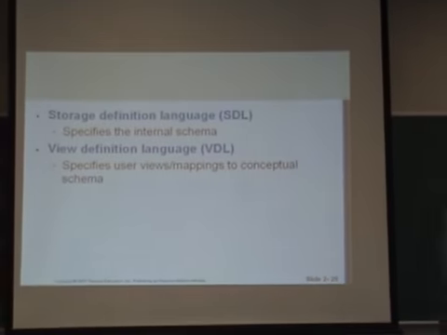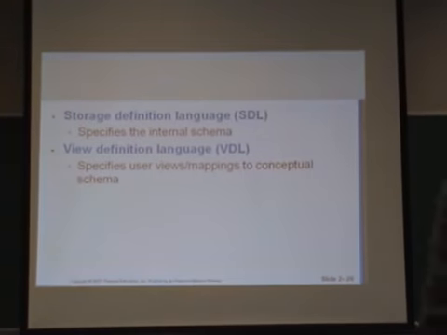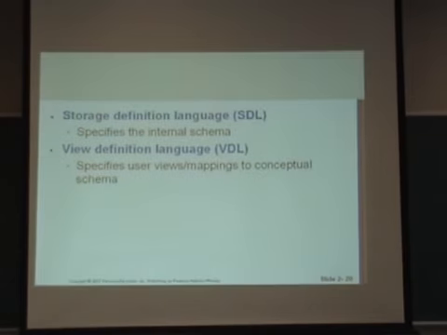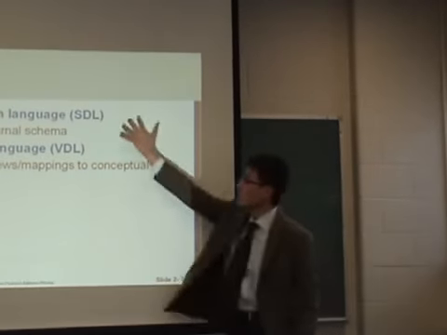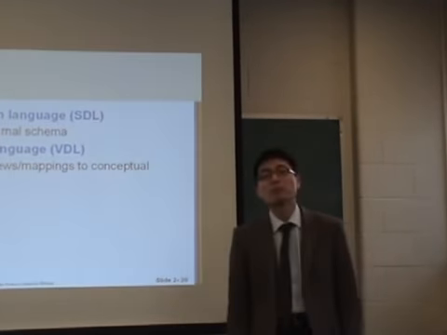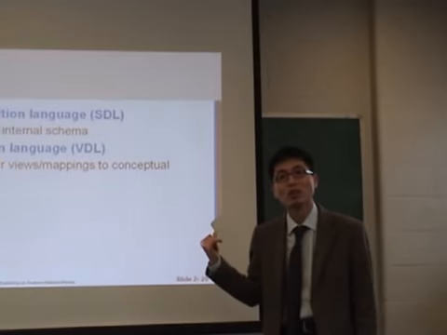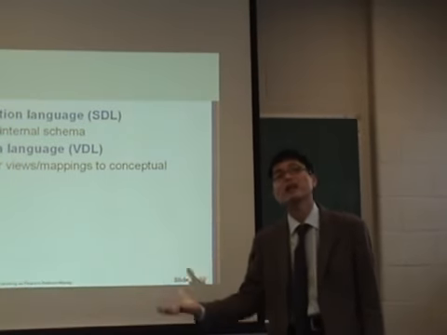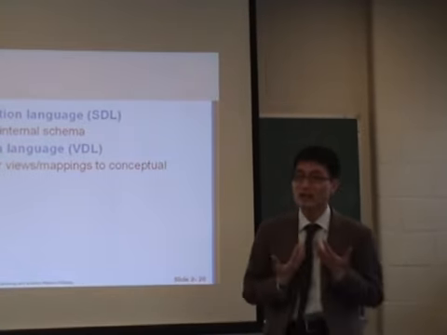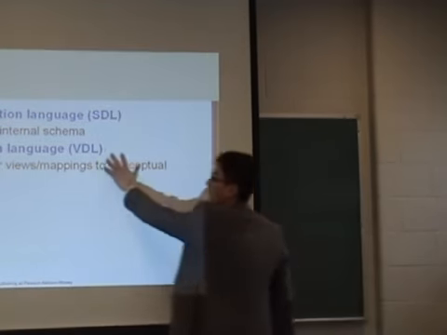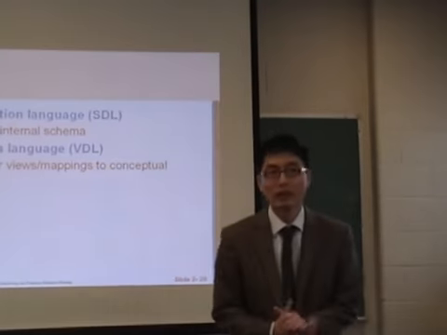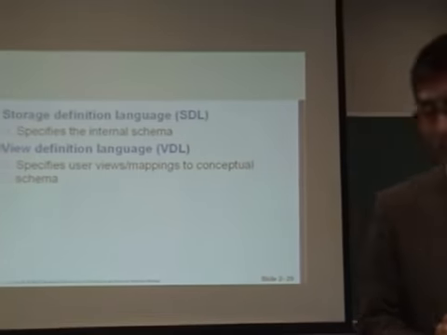In addition to them, there are different types of language to support the low-level schema: storage definition language. But those languages are for the DBMS, so as a database user, we don't have to worry about it. And view definition language we will learn as a part of SQL.